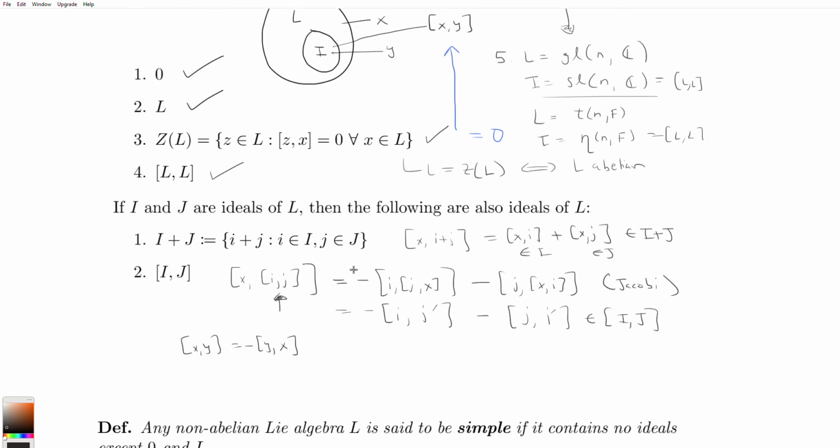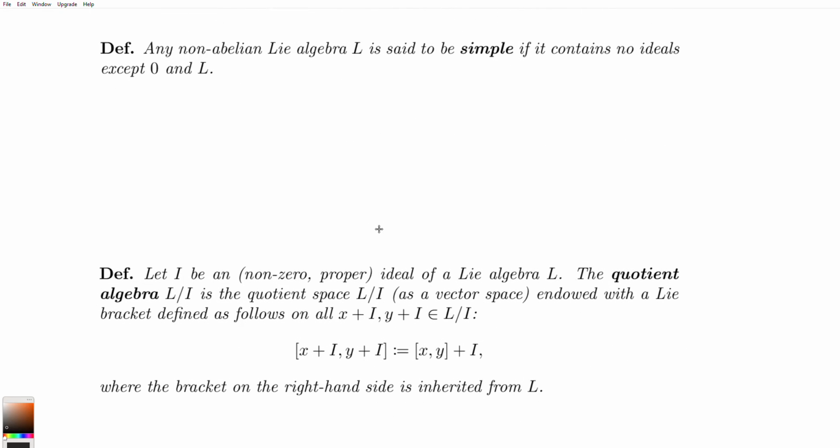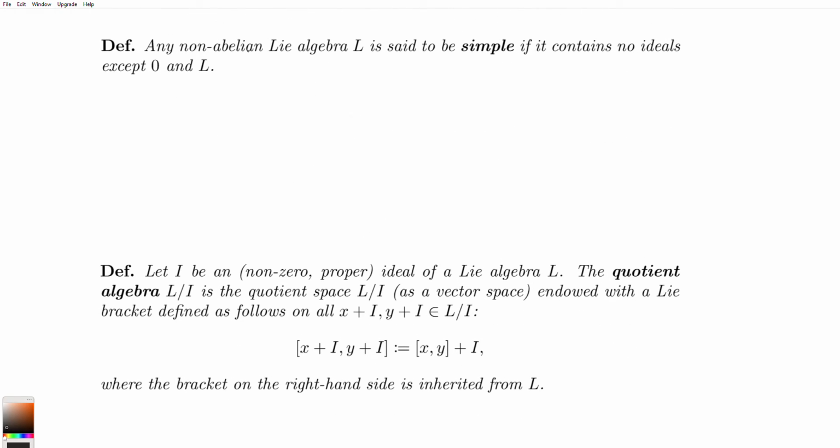All right. Okay, so the next notion we're going to talk about is something called simplicity. Any non-abelian Lie algebra L is said to be simple if it contains no ideals except 0 and L. Right off the bat, an important remark is that we say non-abelian just to exclude the one-dimensional Lie algebra L. Because if L is the one-dimensional Lie algebra, then technically it's simple, right?